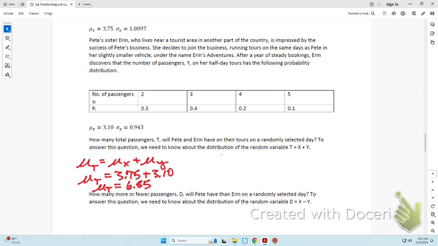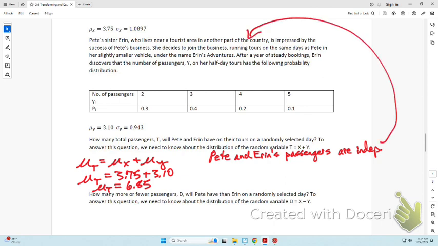I can't remember exactly how I wrote it, but Pete and Erin's passengers are independent. And that is all because of them living in a different part of the country. Right there. That's what that implies. So when we go to find the standard deviation of the total passengers, we got to square both standard deviations.